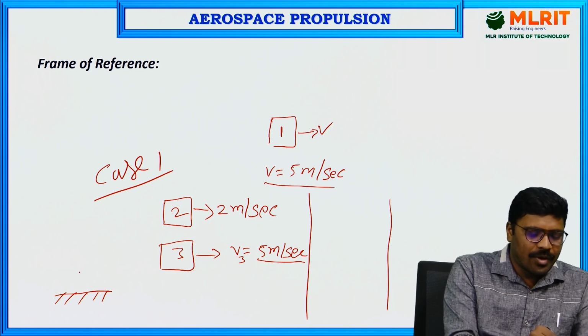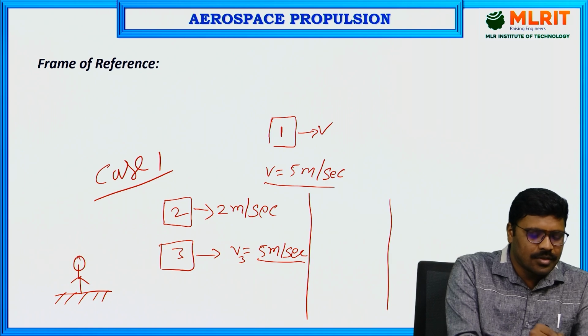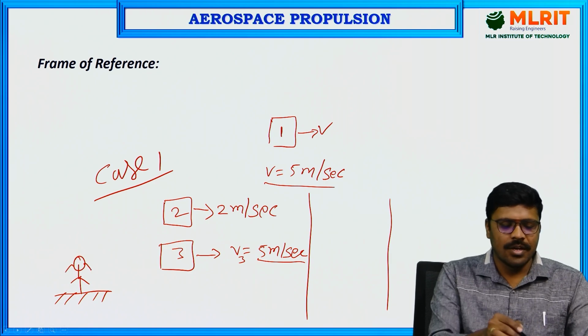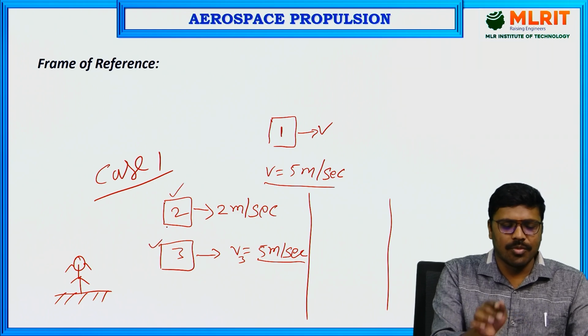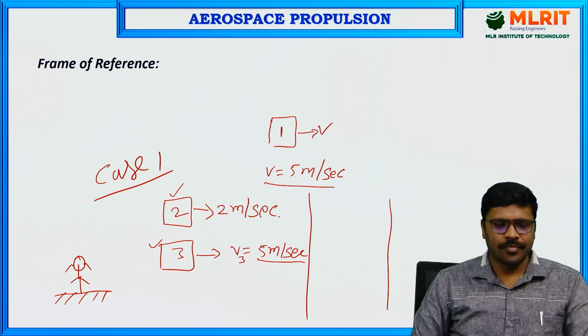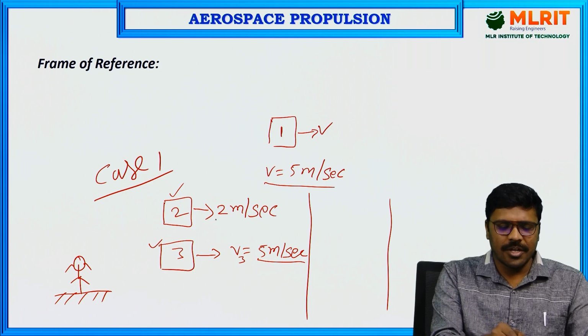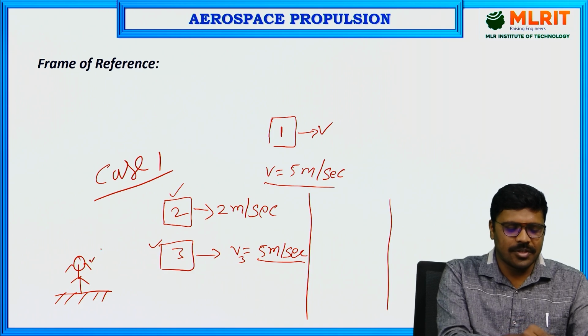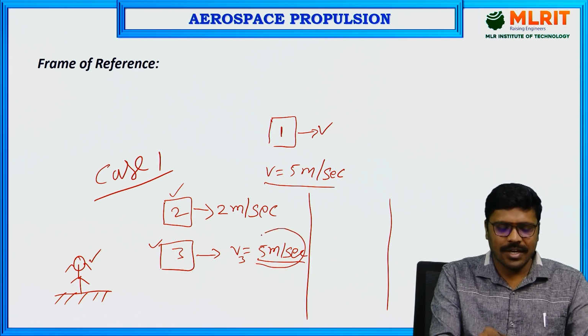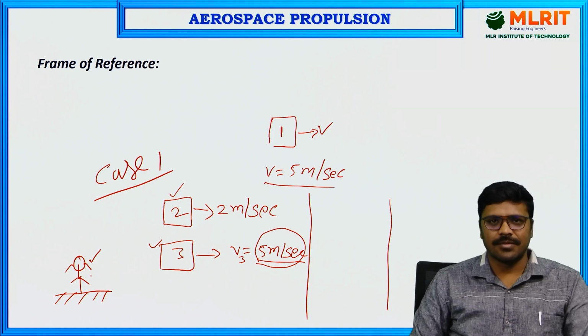Now I am assuming a third person standing on the ground and watching these two bodies, body 2 and body 3, moving with 2 meters per second and 5 meters per second. Here 2 meters per second is the velocity of body 2 with respect to this stationary person, and 5 meters per second is the velocity of body 3 with respect to this stationary person.